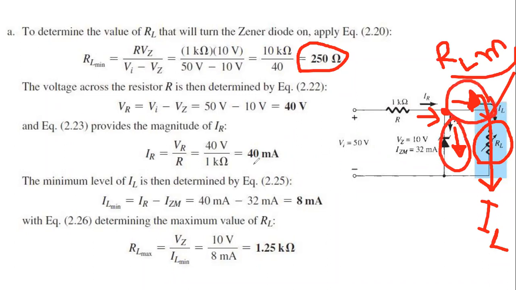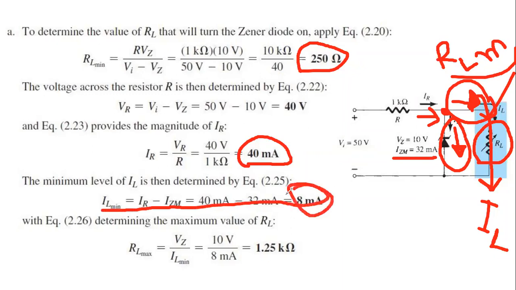So we got the total current 40 milliampere, and it is given that IZM, the maximum current across the Zener diode, is 32 milliampere. So if we just subtract 32 from 40 milliampere, we get the minimum current going through the RL. So that's why it is IL minimum. The minimum current is 8 milliampere.